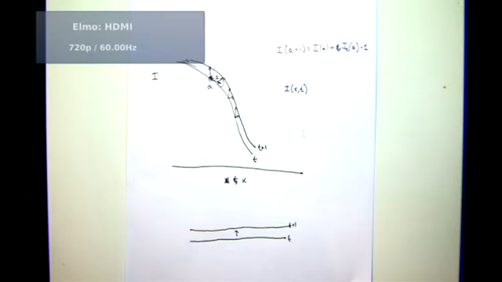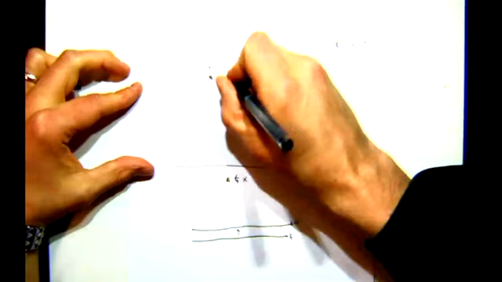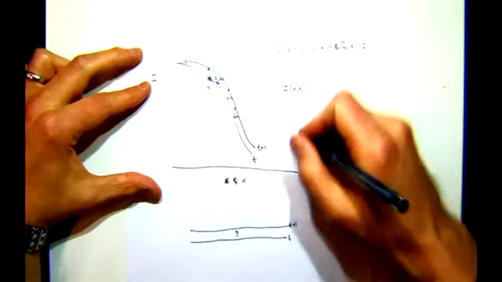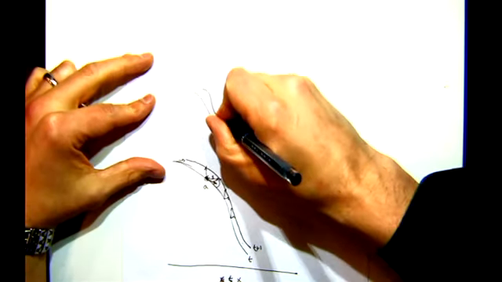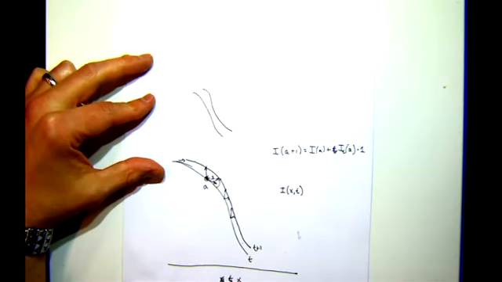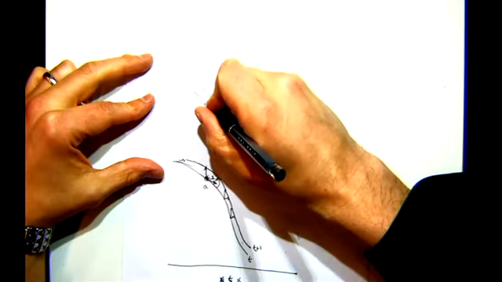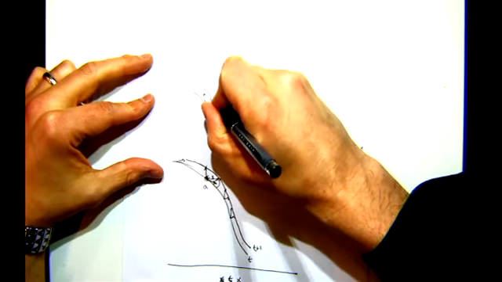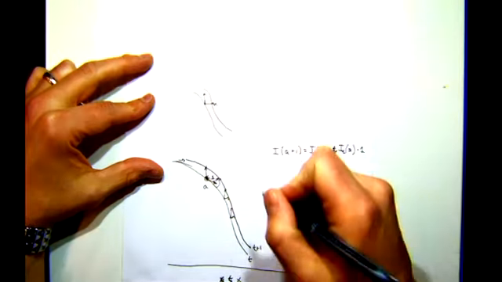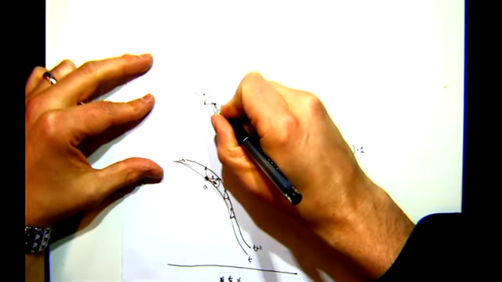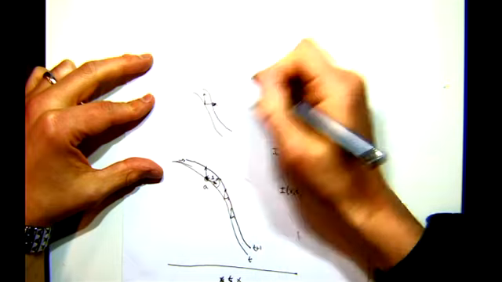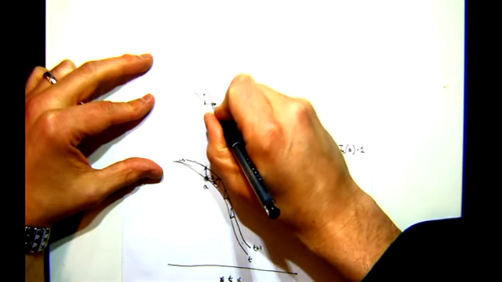So in this case, let me just draw again. In this case, I make some guess on where the point is in the next step, and that guess is a little bit off, then I can make another guess, and then make another guess until I get to the correct answer.